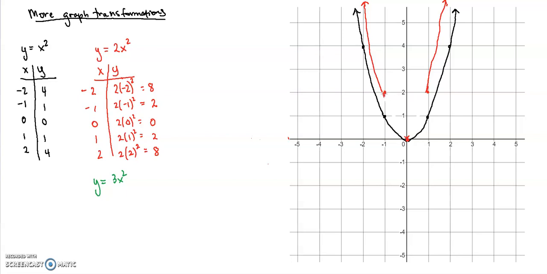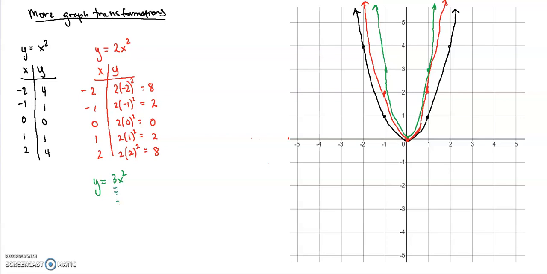I'm not sure I'm going to be able to draw it accurately enough anyway. Okay, because we still have that U shape, and I'm looking a little V-ish when I try to draw this, but it's going to go like this, and it's going to go like this. Okay, so it never actually goes vertical, but it is going to get steeper and steeper the bigger that number out front gets.